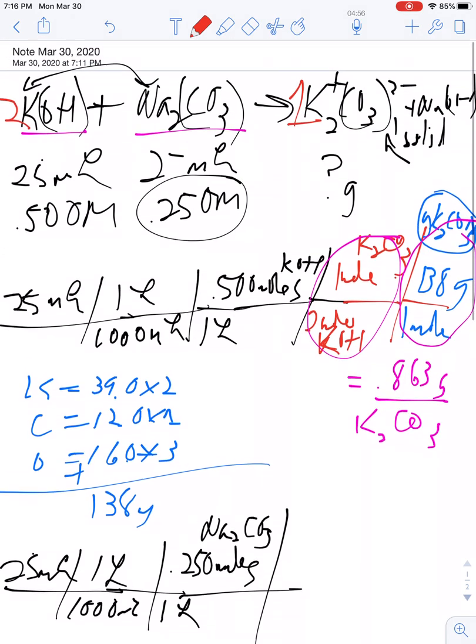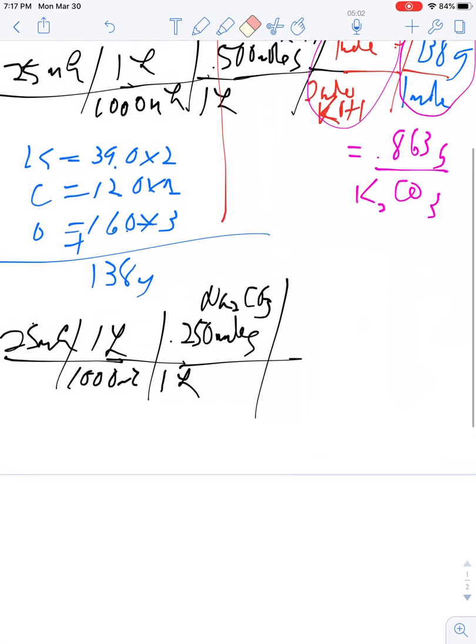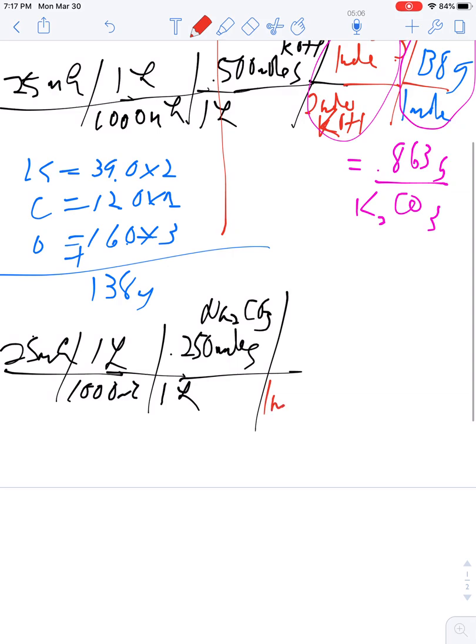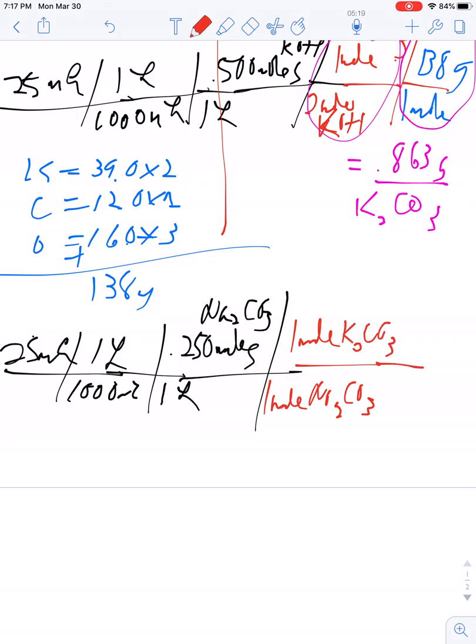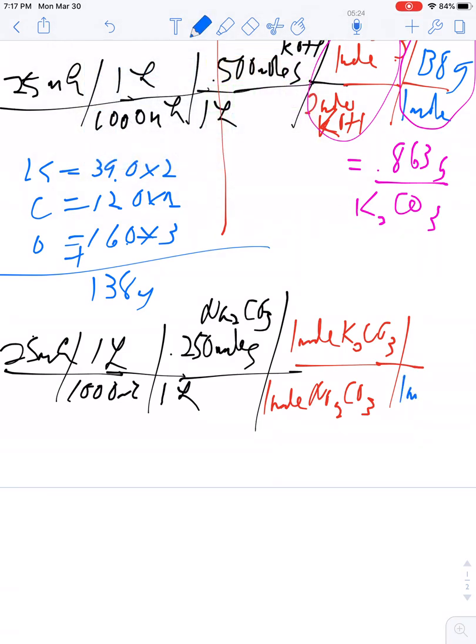What is the mole ratio for this one? 1 to 1. So for every 1 mole of sodium carbonate, I'll get 1 mole of potassium carbonate. And then the last step is again to convert back to grams. So 1 mole of potassium carbonate is 138 grams.